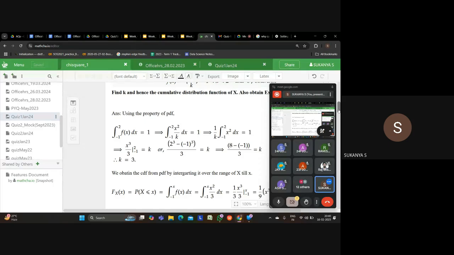What is the expected value? 5 by 4, ma'am.